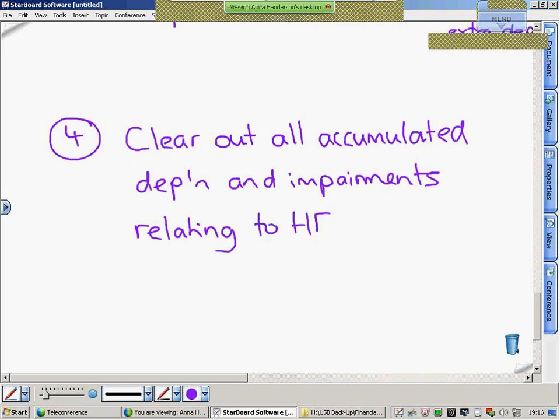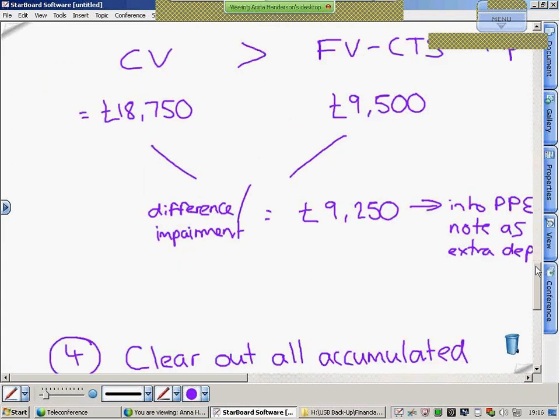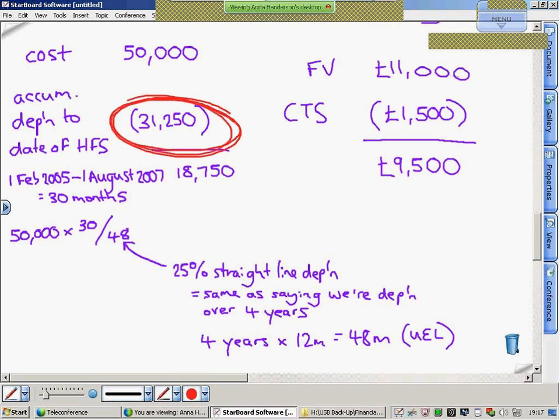So all of our accumulated depreciation, calculated above, 3,050, we use all of the depreciation on our debt. So 1,250 needs to be removed.